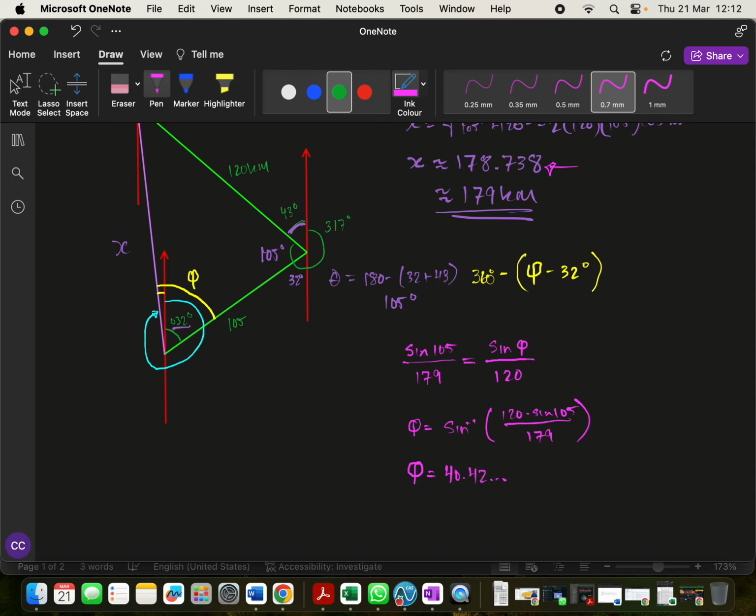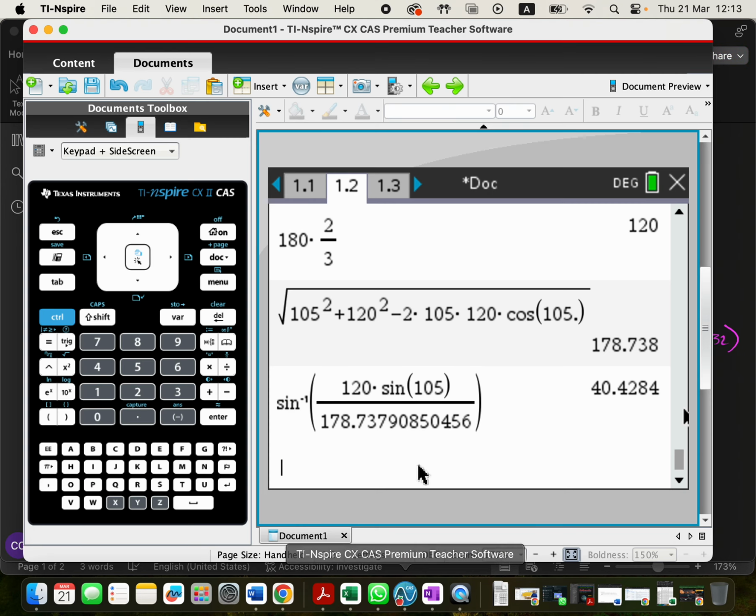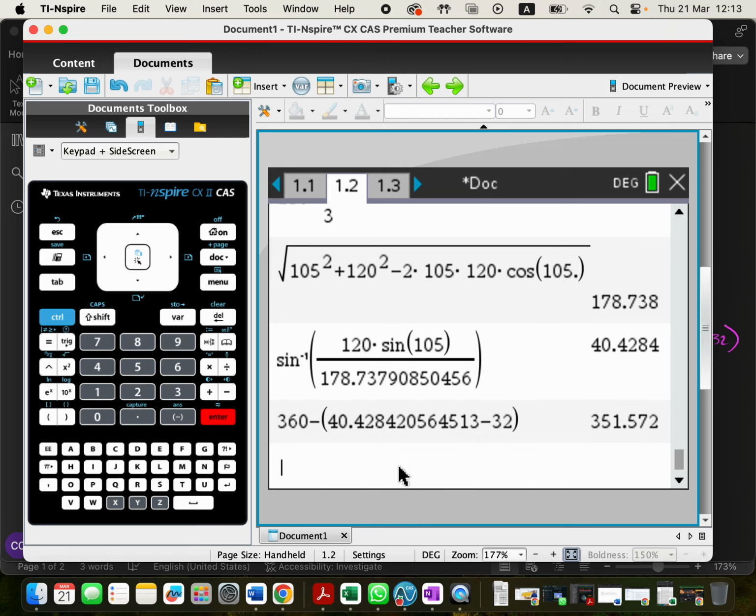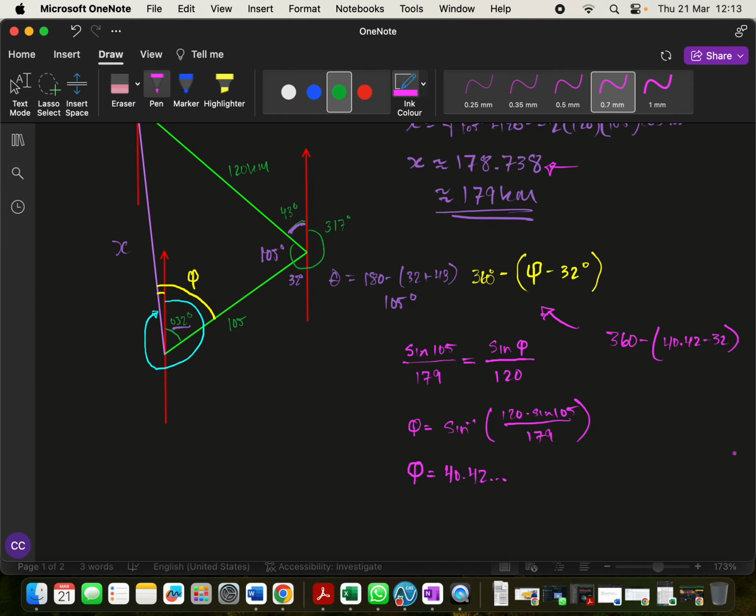40.42 and so on. Now I'm going to do 360 minus the 40.42 minus 32, and that will give me my bearing. So 360 minus the quantity that minus 32 degrees, and I get a bearing of 351.572.